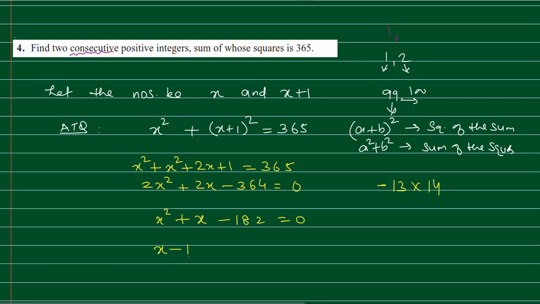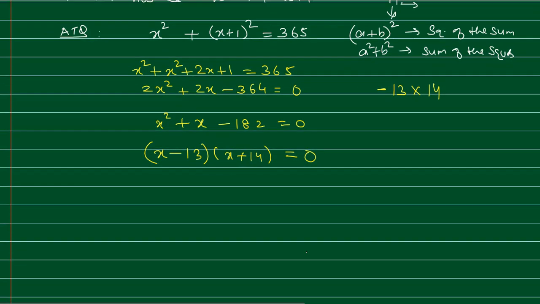If we take minus 13 and plus 14, we can split the middle term and factorize like this, and after reaching this step we can write either x minus 13 is equal to 0 or x plus 14 is equal to 0. And if x minus 13 is equal to 0, we will have x equal to 13, or if x plus 14 is equal to 0, we will get x equal to minus 14.